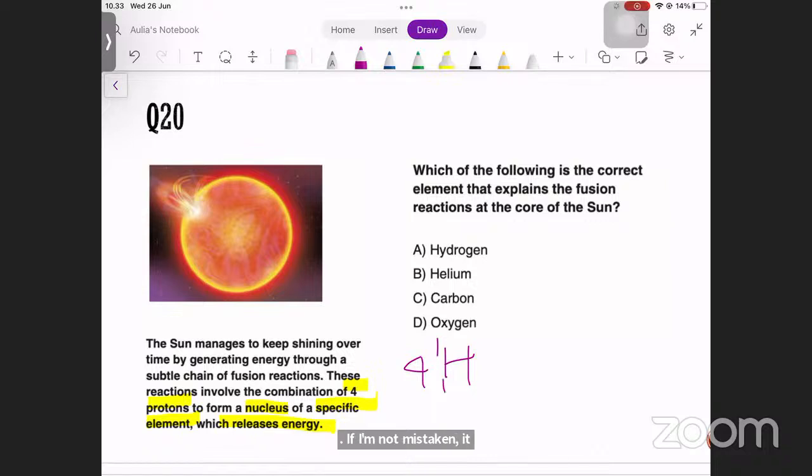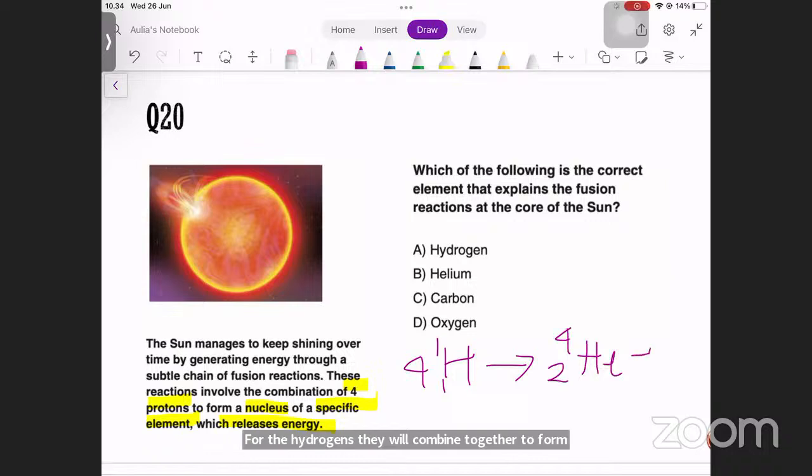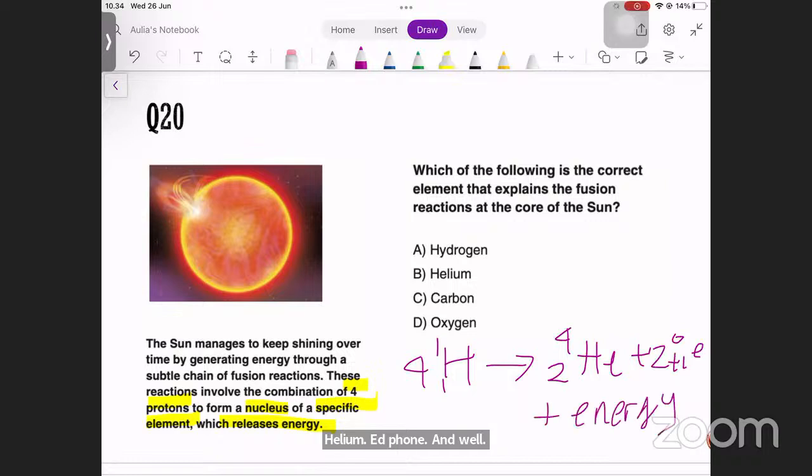Hydrogens will combine together to form helium atom and electron plus energy. So, as a conclusion, the protons will react to form helium and energy in this fusion reaction. So, yes, the answer is D.